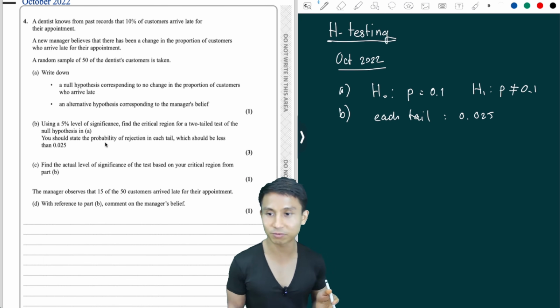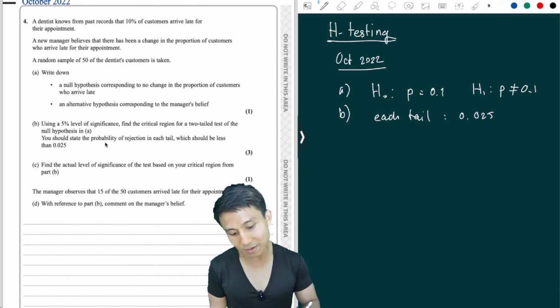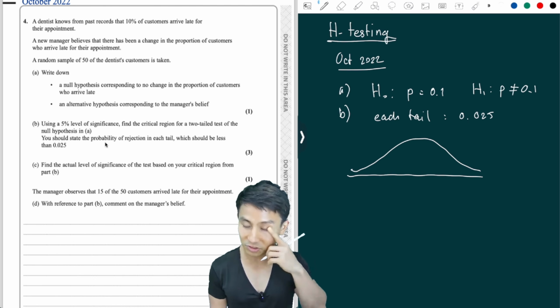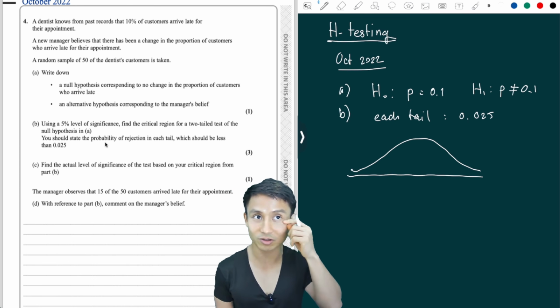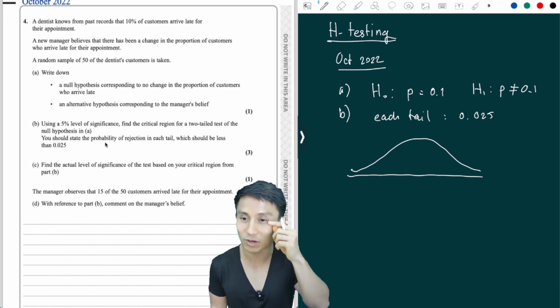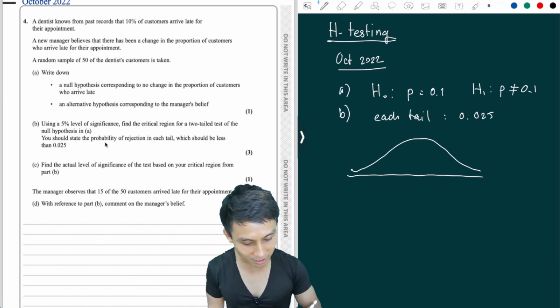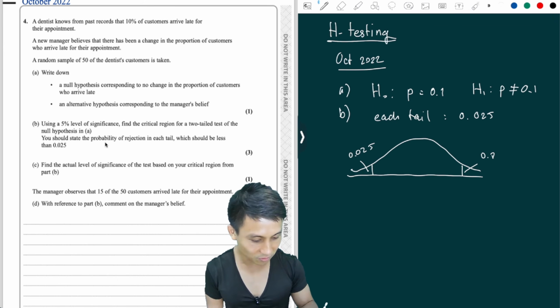Okay, that's 2.5%. So if I may draw the distribution, and this is not meant to be a bell curve, it's just binomial, and binomial is also kind of like, in a way symmetrical, but not to be confused with normal here. Anyway, so we want this 0.025 and this 0.025, right?